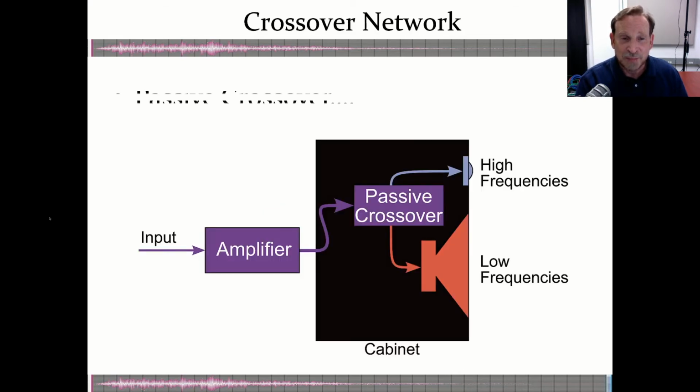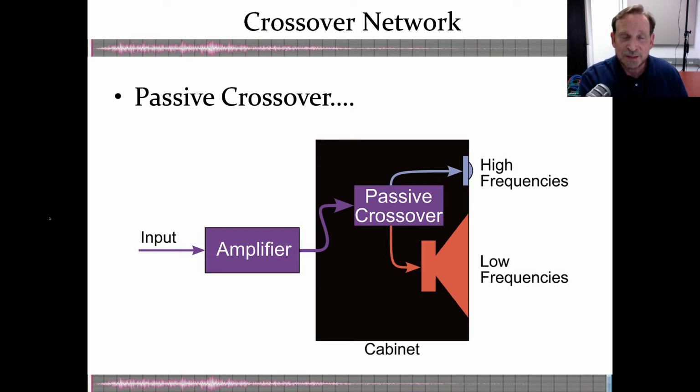The other kind is the passive, and the passive crossover network really works a little bit differently. We're amplifying the signal as it comes in, so it's not being changed once it comes in and gets to the drivers. And then it's just being split. That is, the filtering is going on, splitting the high and the low frequencies, but it's not being amplified after that split.